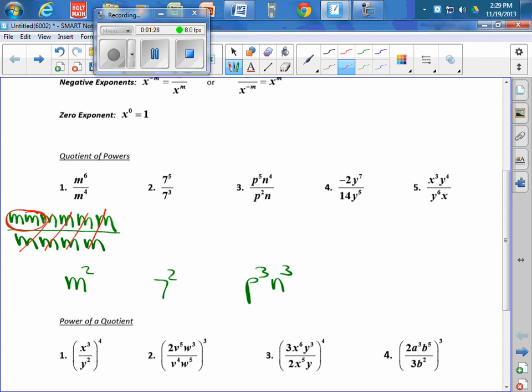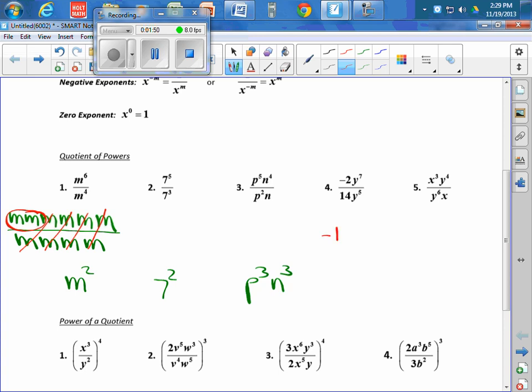But look at number 4, a little bit different, in that now I have a -2 and a positive 14. Well, think about this. If the y to the 7th and y to the 5th were not there, if you just had your coefficients -2 over 14, what would that reduce to?